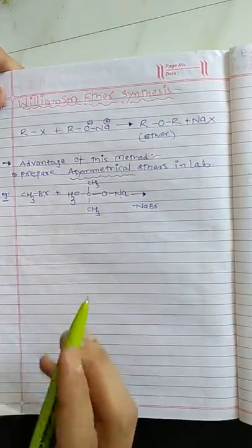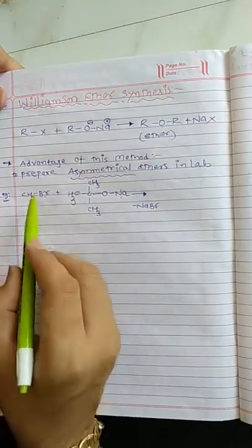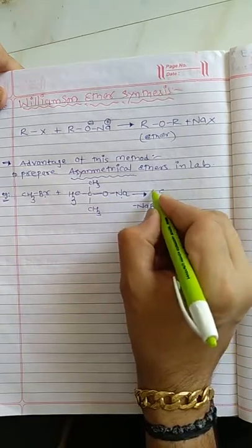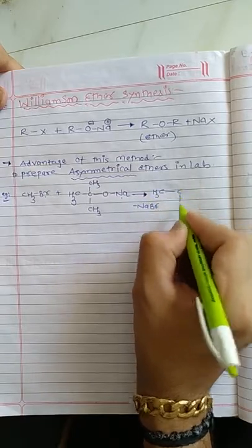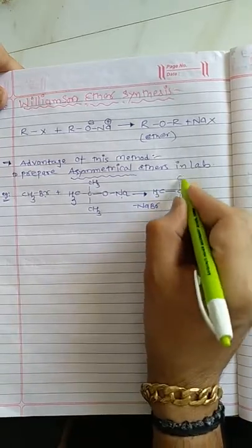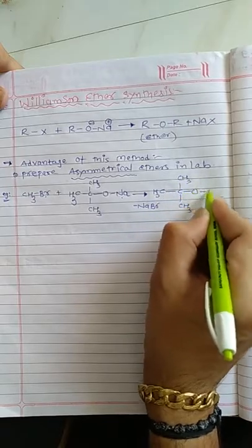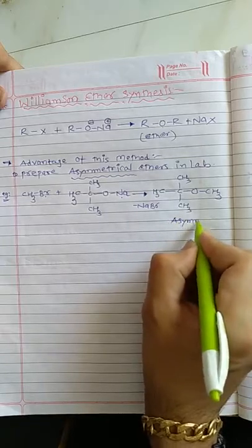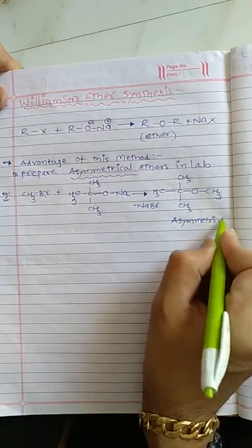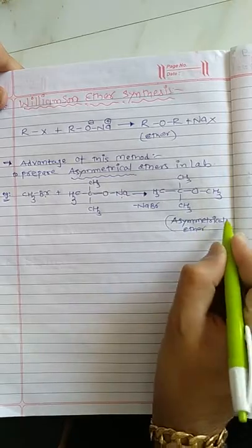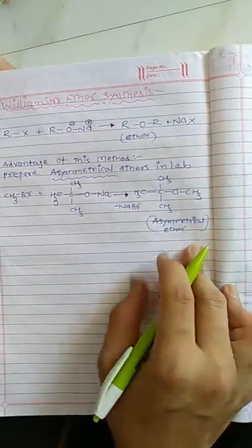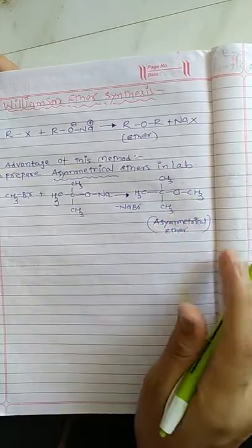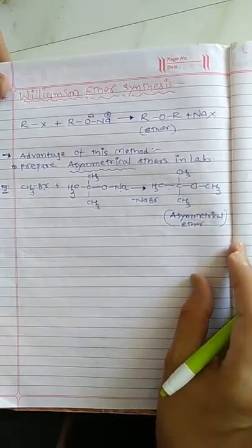So sodium bromide is eliminated during the reaction. So we have CH3 connected with this oxygen, giving a product CH3, C, CH3, CH3, now oxygen having CH3. So look over here, this is an asymmetric ether. According to our definition, oxygen having different alkyl groups on either side is called an asymmetrical ether.